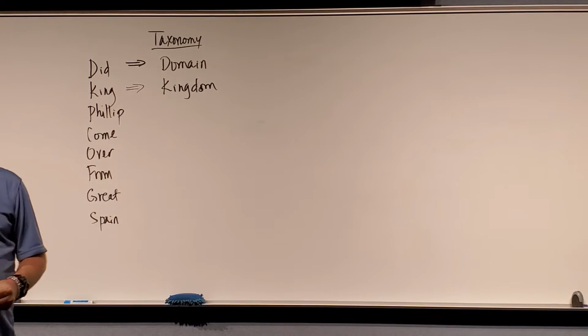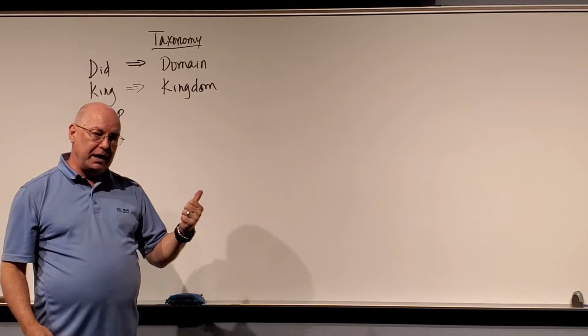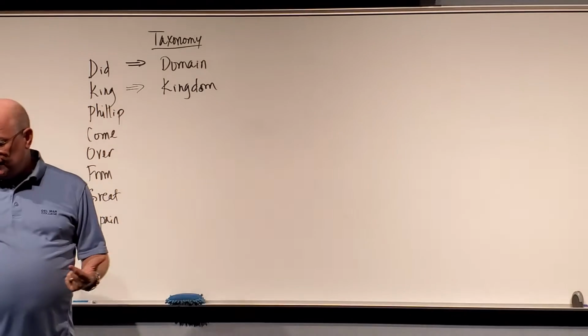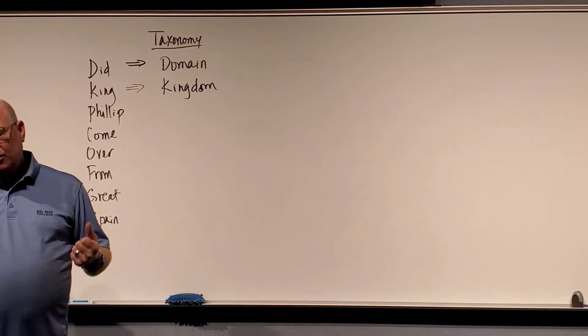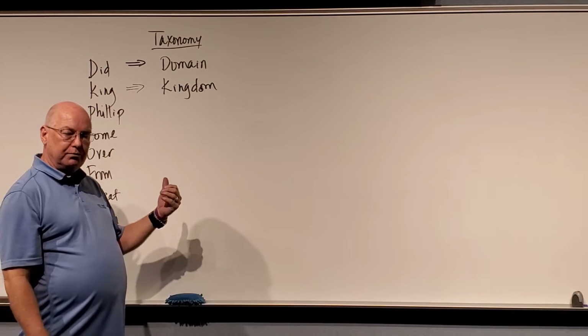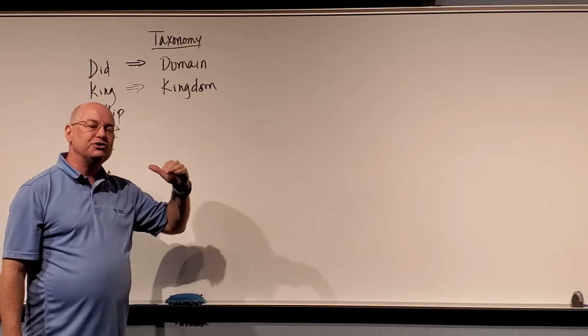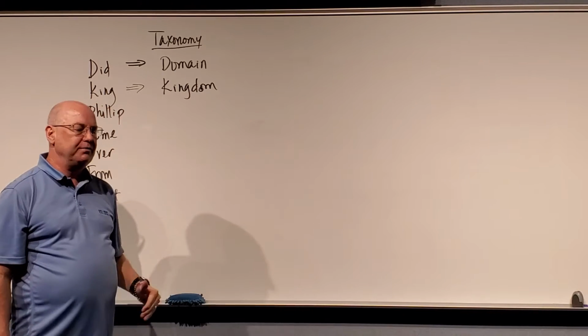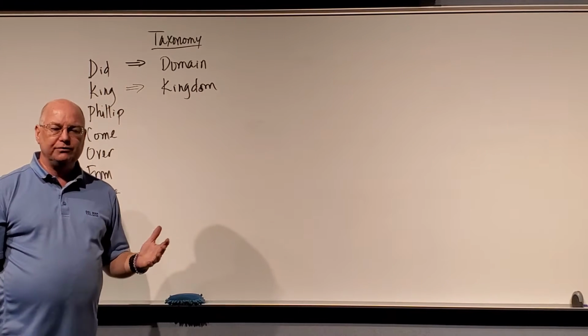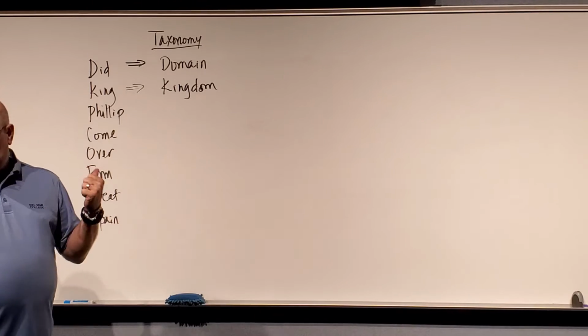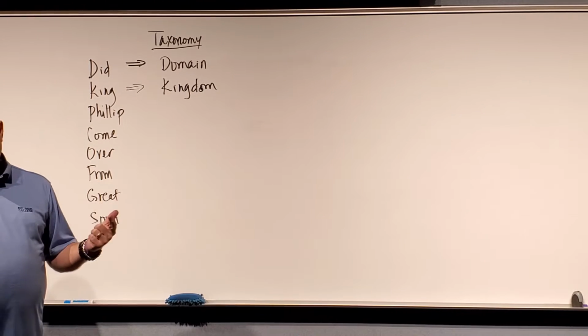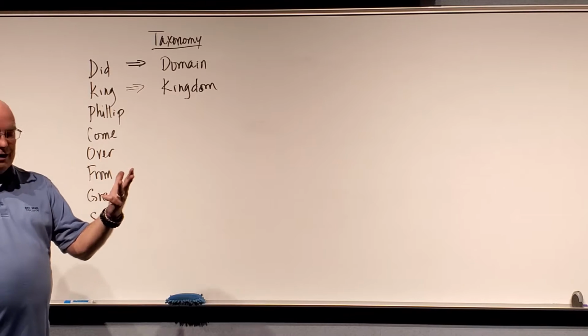So, when it comes to bacteria, that domain is also the kingdom, so is Archaea. But when it comes to eukarya, we can break eukarya, or truly celled organisms with a true nucleus and membrane-bound organelles, into a whole bunch of other categories. There's Protista, there's Plantae, there's Fungi, and there's Animalia.